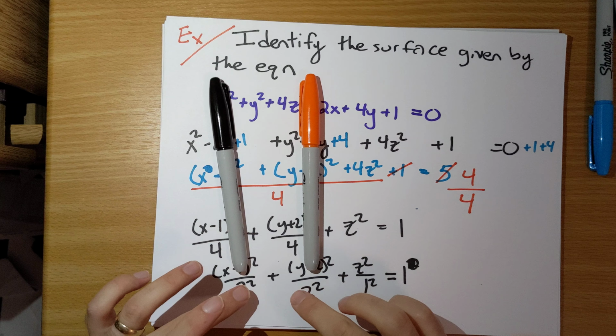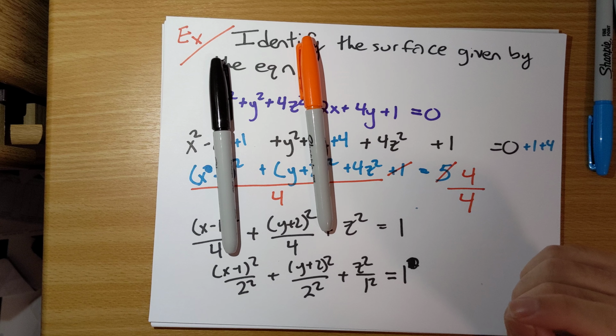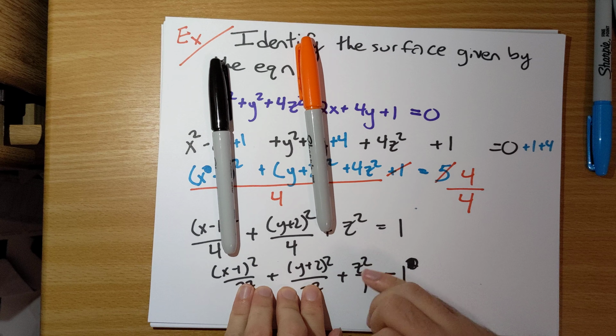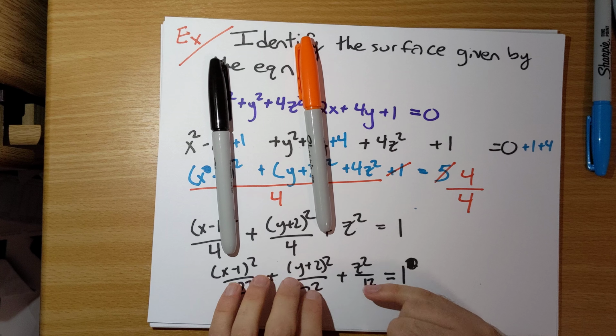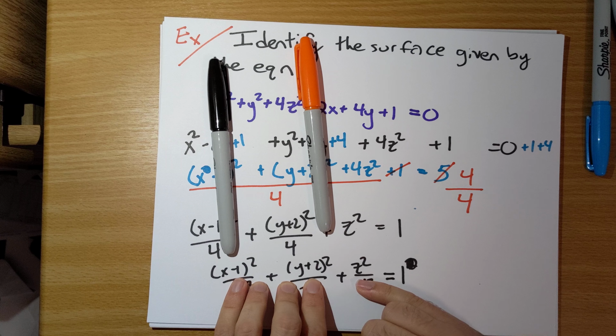By doing x minus 1 quantity squared and y plus 2 quantity squared, this merely shifts the center of our ellipsoid. This should feel very similar to shifting the center of a circle or a sphere, where if we get rid of the denominators, x minus 1 squared plus y plus 2 squared plus z squared is equal to 1. This is the equation for a sphere centered at 1, negative 2, 0.